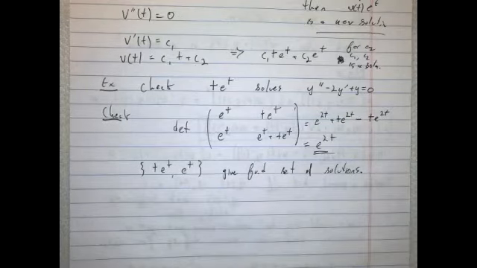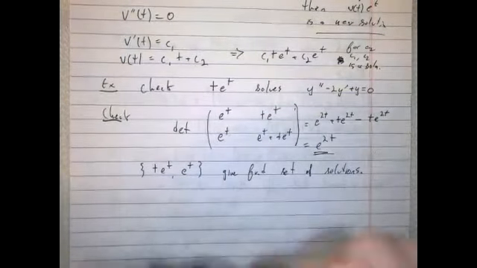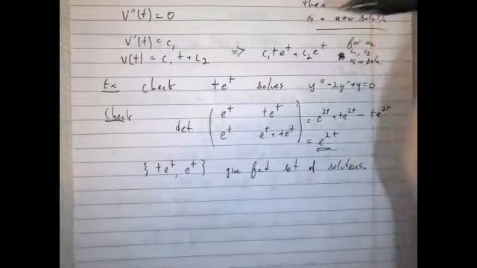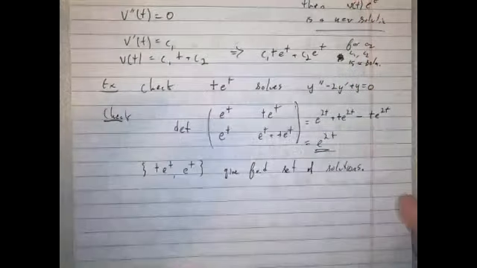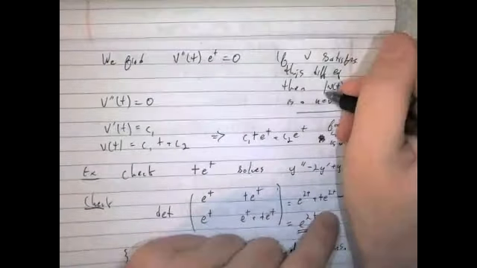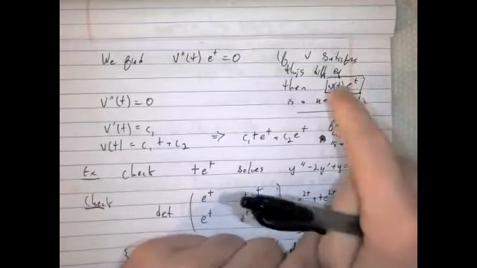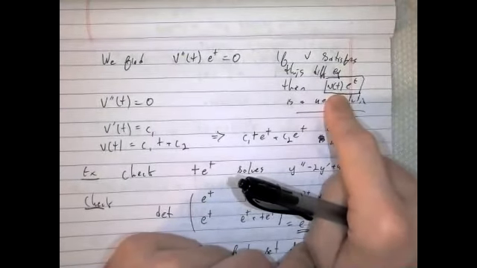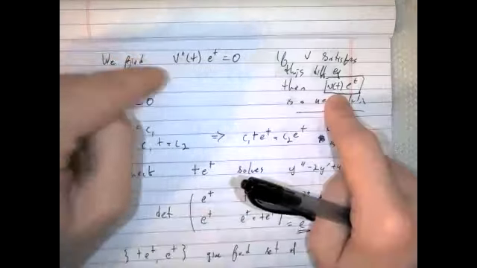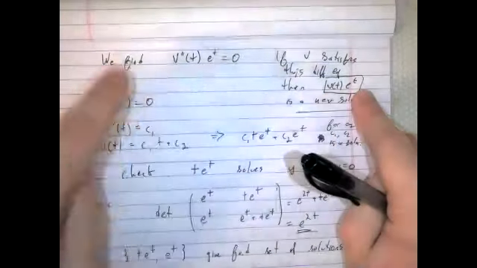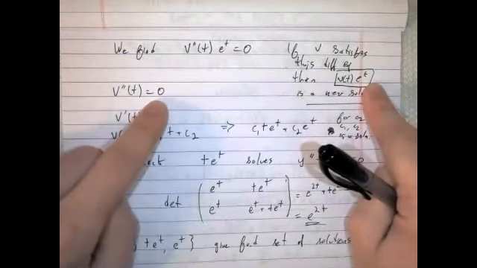So wait, Professor, how did you go from c1 t plus c2 to c1 t e to the t plus c2 e to the t? Well, remember that what I originally plugged in was v of t e to the t. And what we found is we plugged this in and we got v double prime of t is equal to 0.